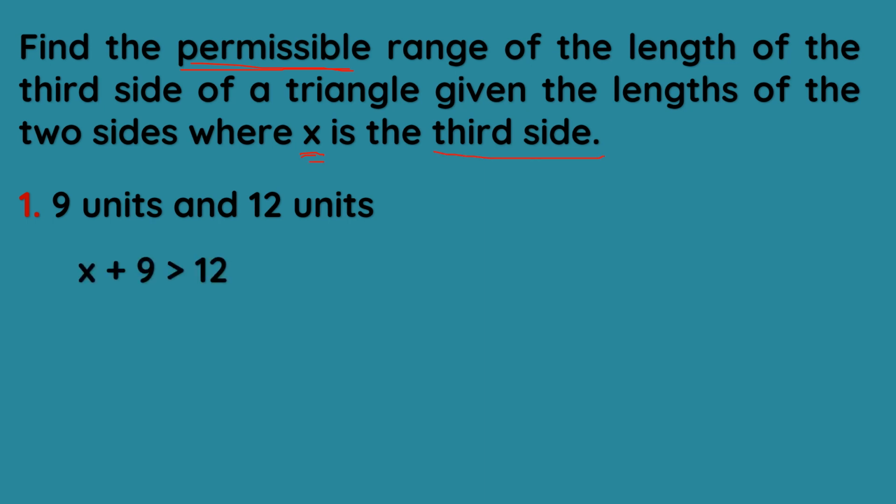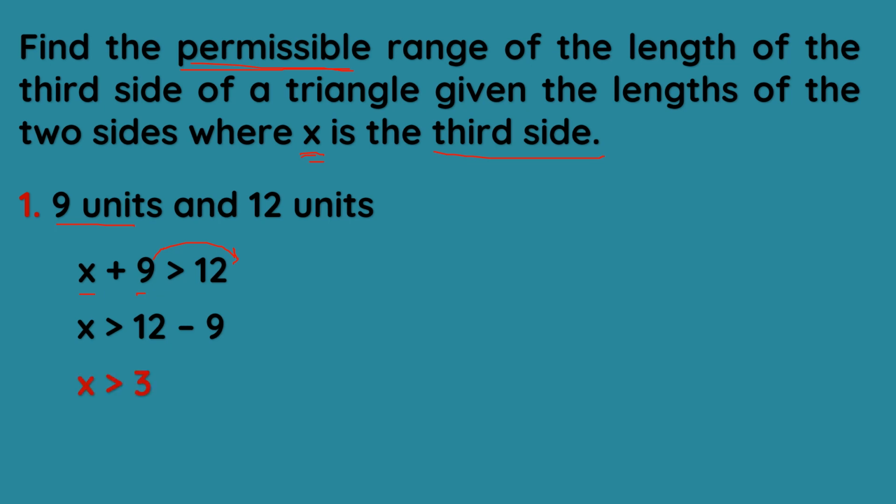So we have x plus 9 is greater than 12. So all we need to do is to do transposition. We transfer 9 to the right, it becomes negative 9. So we have x is greater than 3.